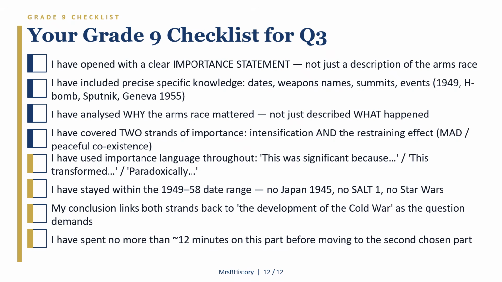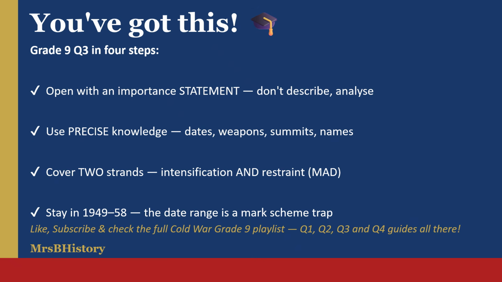If you can tick all of those boxes, then you should be writing at the top of level 3. So remember, question 3 is about importance, not description. Every sentence needs to answer why the arms race mattered for the development of the Cold War. Open with a statement, back it up with knowledge, conclude by linking both back to the question once you have done your analysis, and stay within the time frame.